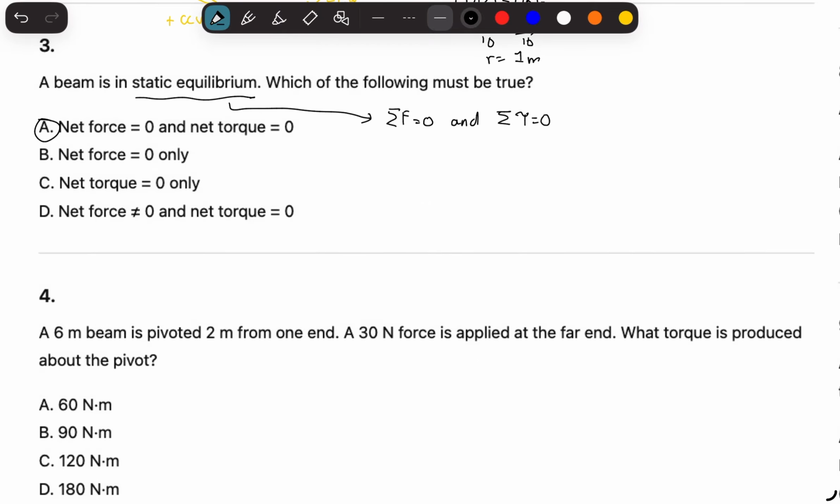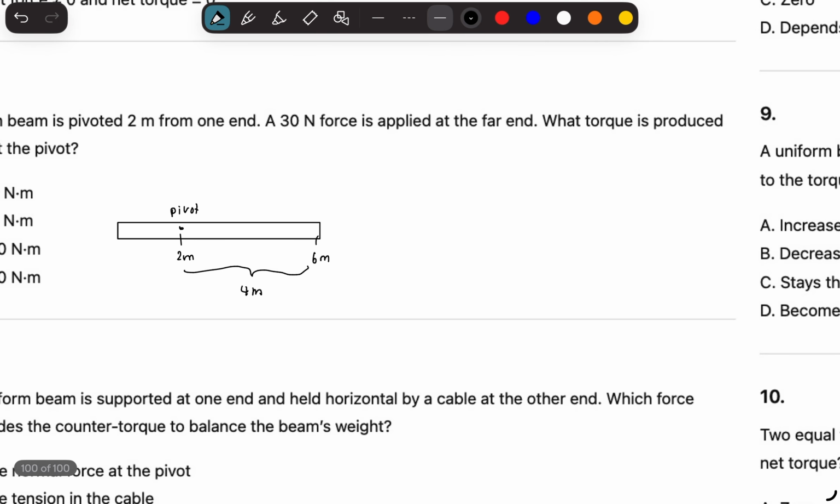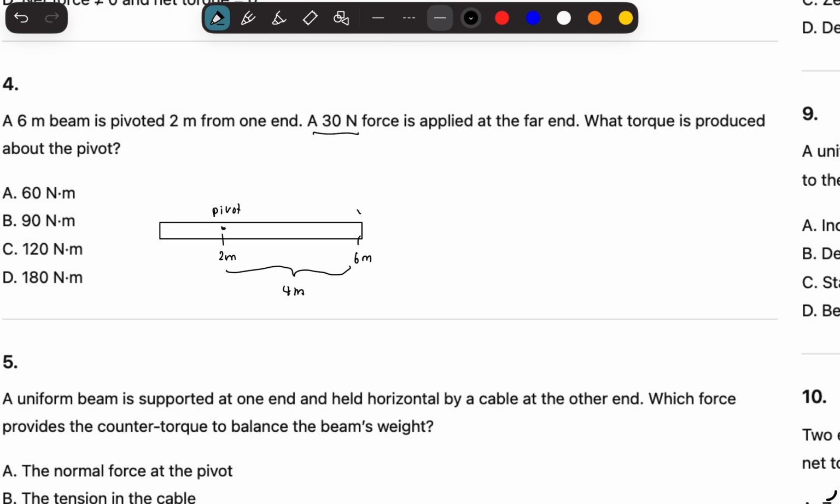So that's answer A. A 6 meter beam is pivoted 2 meters from one end. So your total beam is going to be 6 meters, and you have your pivot at 2 meters. So that means the distance to the far end is going to be 4 meters, and 30 newtons is at the far end.